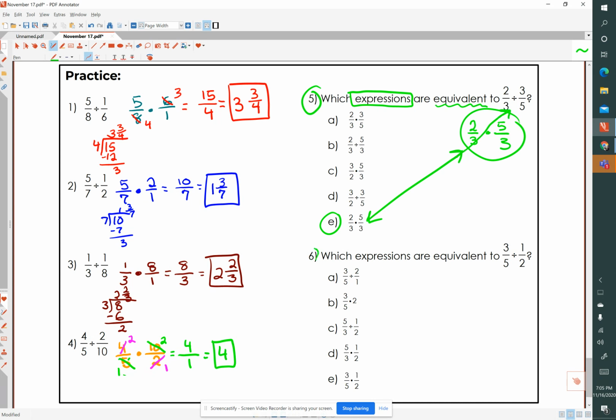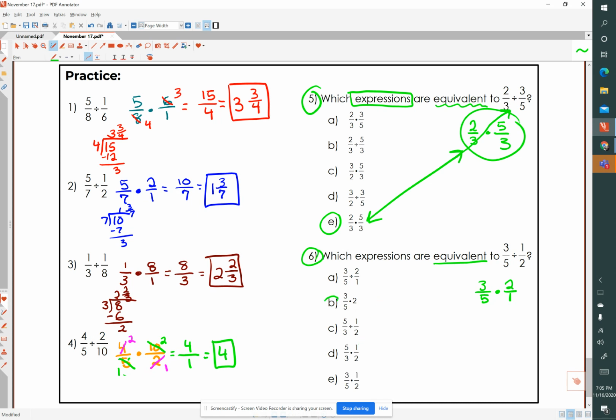Which expressions, number 6, are equivalent to 3/5 divided by 1/2? So that would be 3/5 times the inverted 1/2, which is 2 over 1. We flip it. No cross canceling can be done here. So let's take a careful look at our answers.